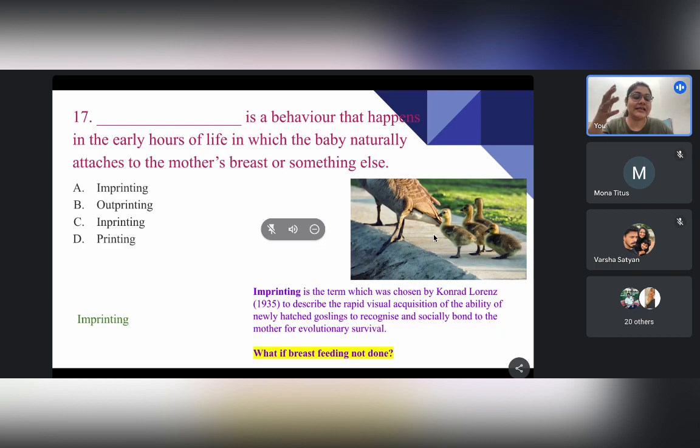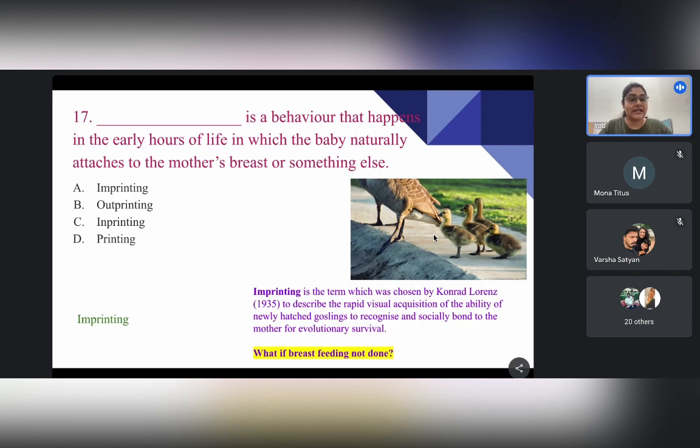He had kept a few goslings with the mother goose, and a few goslings separated from the mother goose, and he was the one who was in more contact with these goslings. So what he found is that the children of different animal species had this inherent ability to recognize and to socially bond with their parents, and this was an evolutionary mechanism, right?